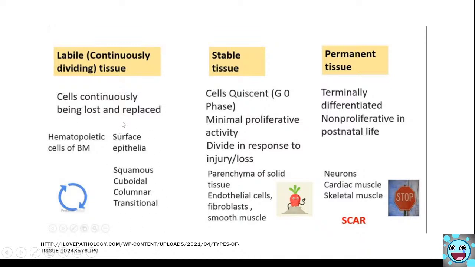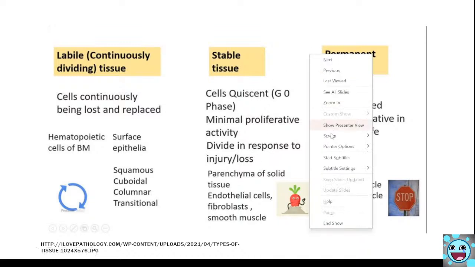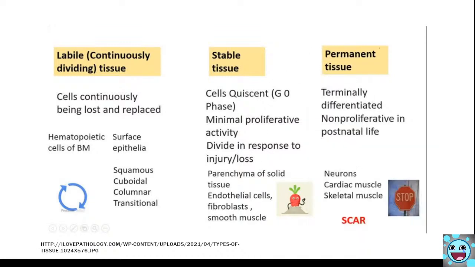The lost cells are replaced easily, and then come the more stable tissues. For example, the liver tissue, which will divide if damage is detected.